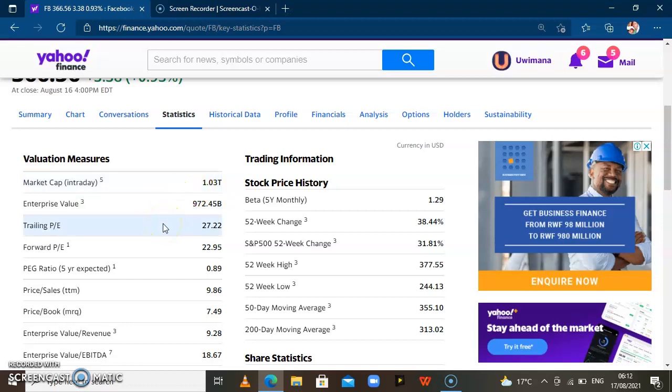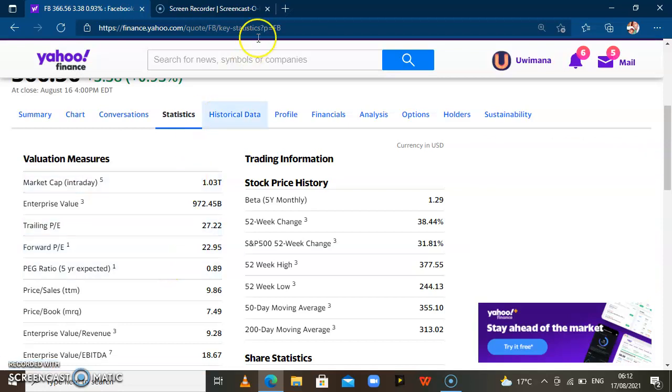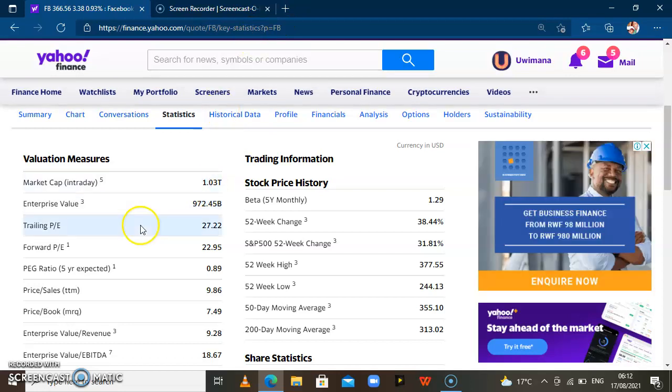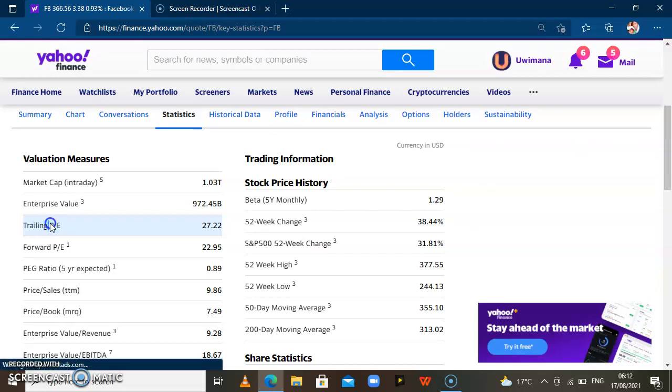Now trailing PE and forward PE and PE growth ratio. PE is basically getting the profit made by the company. The E is the earnings, which is the profit made by the company, and the P is the price of the share of the company.